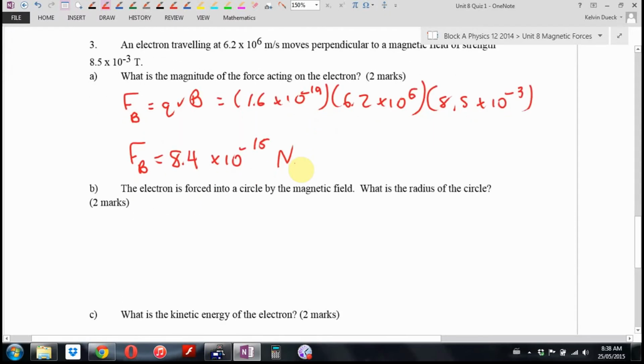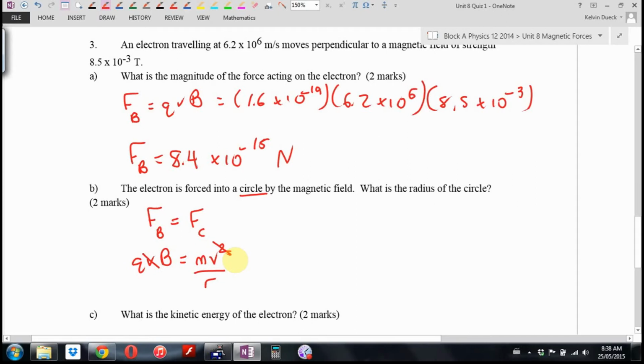Forced into a circle. Did they say forced into a circle? That means that magnetic force is what's pushing me in a circle. Now, you could drop your answer down from part A into FB. I'm going to actually solve this algebraically. I'm going to say to myself, QVB equals MV squared over R, and yay, one of the V's cancel.